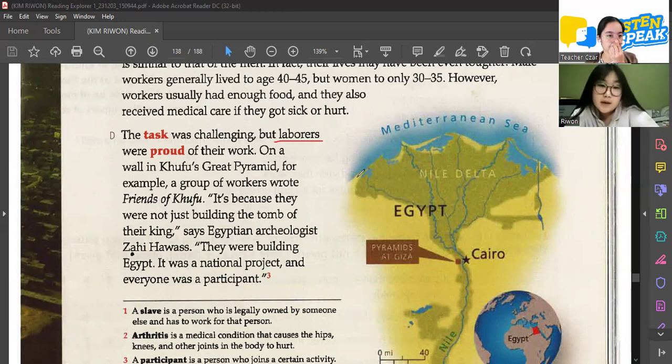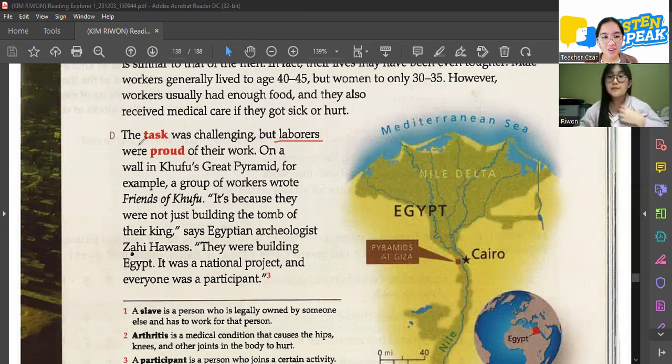It's because they were not just building the tomb of their king, said Egyptian archaeologist Zahi Hawass. They were building Egypt. It was a national project and everyone was a participant.